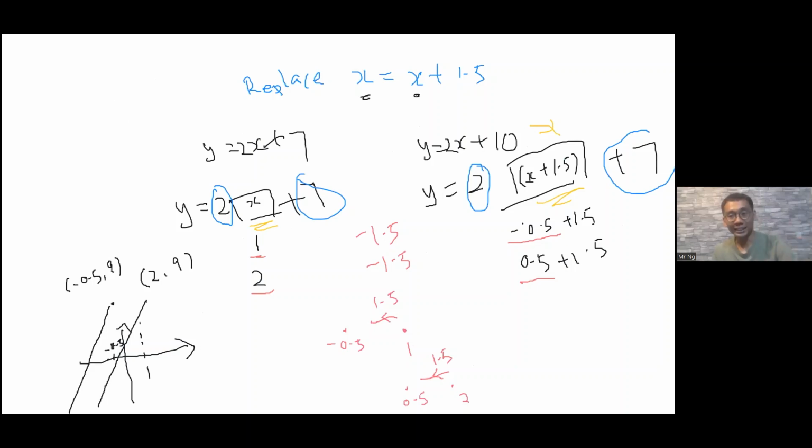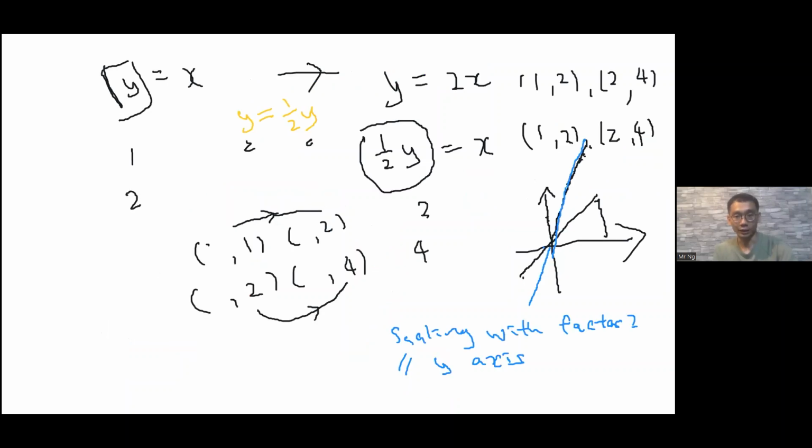It can be apple, orange, Y, or Z. So if we describe this as scaling, because it is arbitrary, if we change x to half x, it's just going to be scaling with factor 2 parallel to the x-axis. That's it.